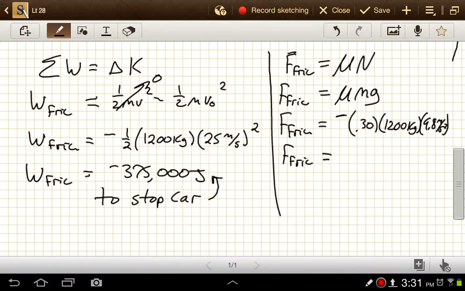So the force of friction in this case is 0.3 times 1,200 times 9.8, and we get 3,528 newtons.